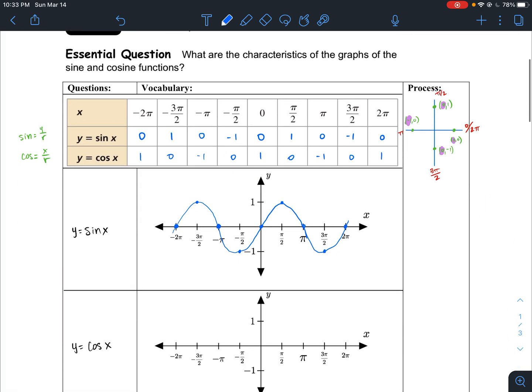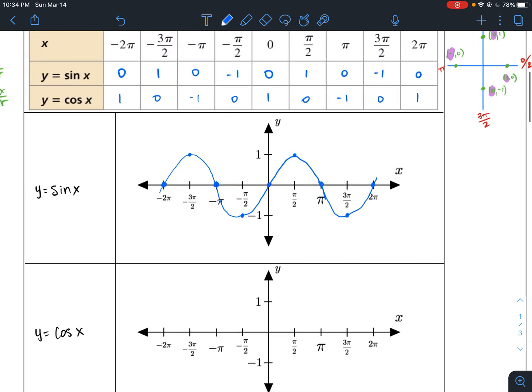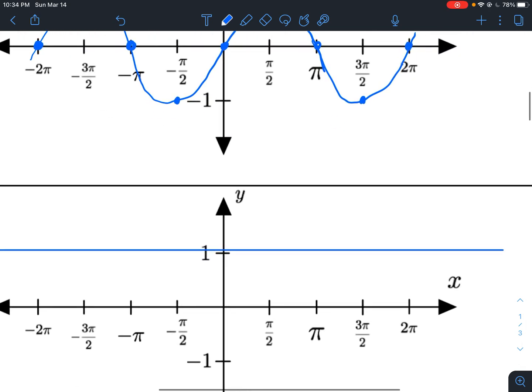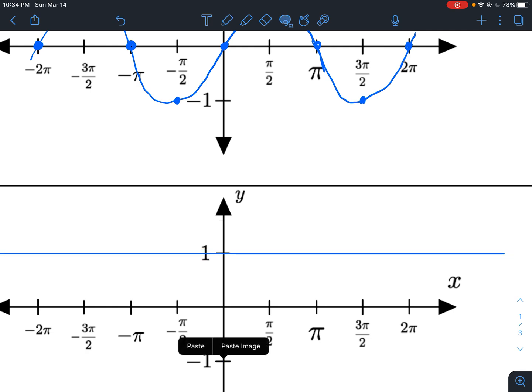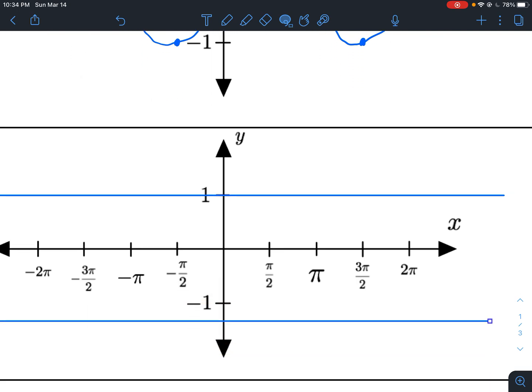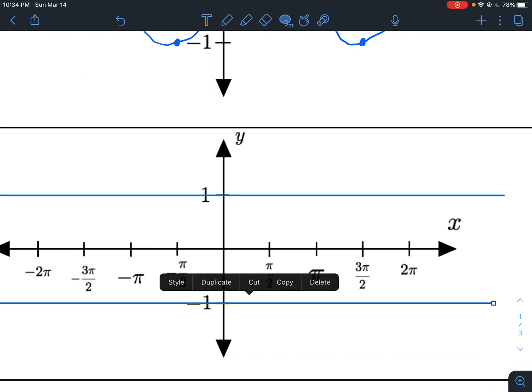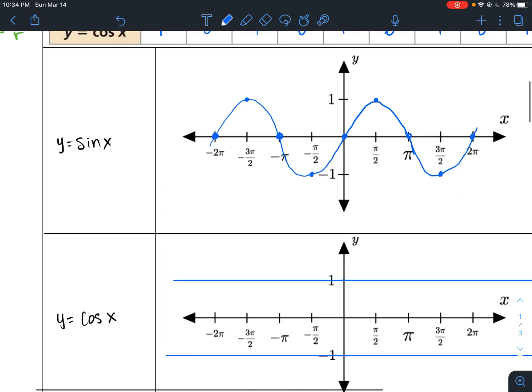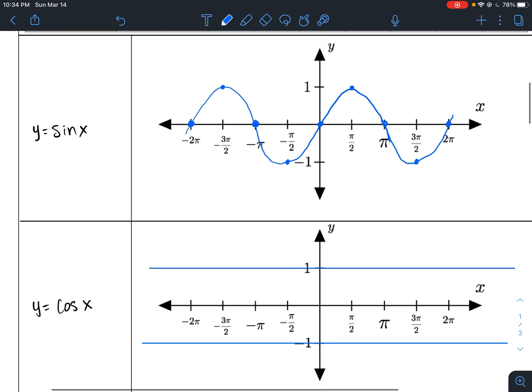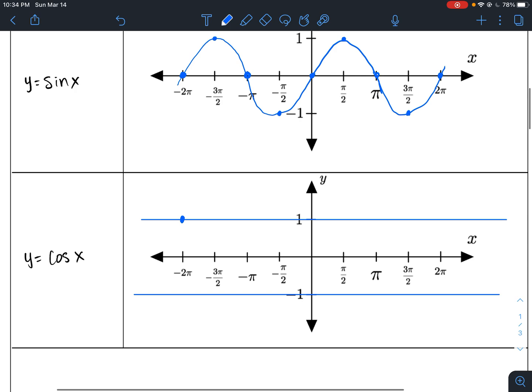So let's plot these points down here. When we're at negative 2 pi, we're at 1. Let me just draw these lines. At negative 3 pi over 2, we're at 0.